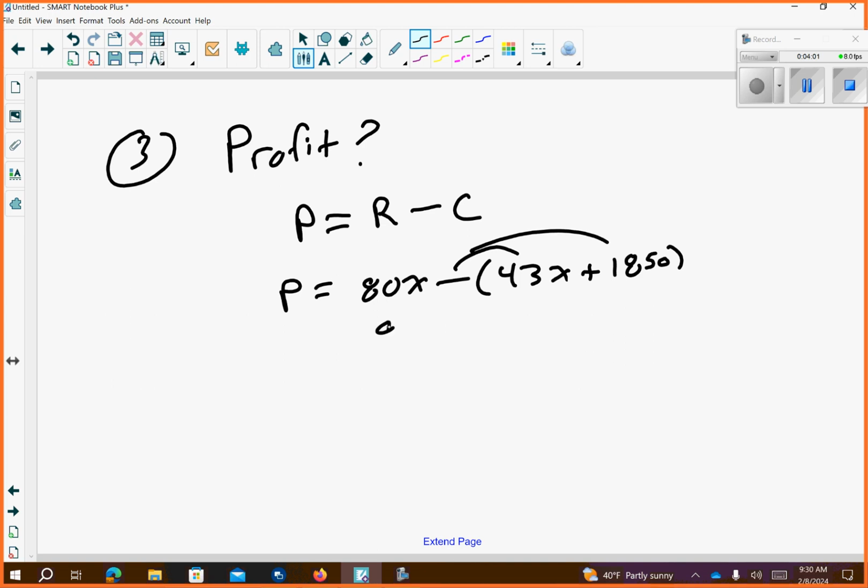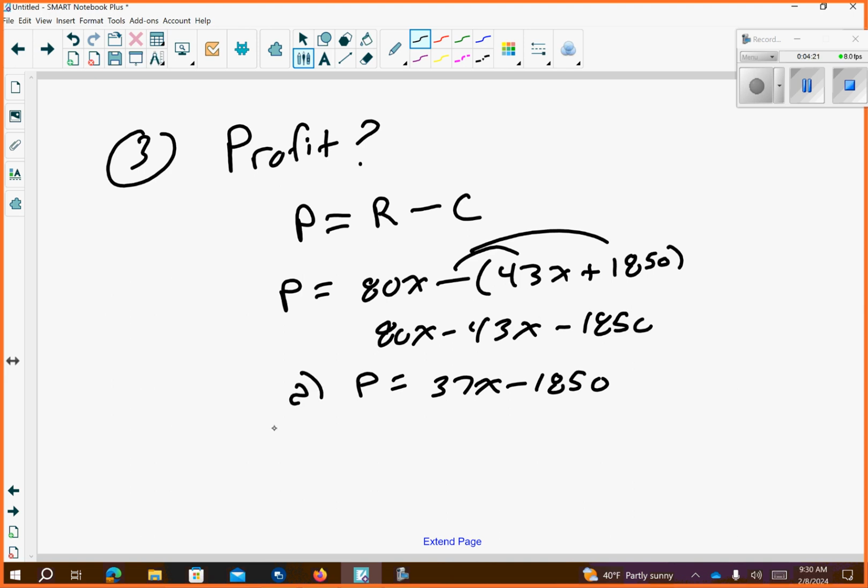Distribute over, minus 43x, minus 1850. So I believe that's 37x minus 1850. That's basically the equation we could use to find our profit. Okay, so I guess that's A.